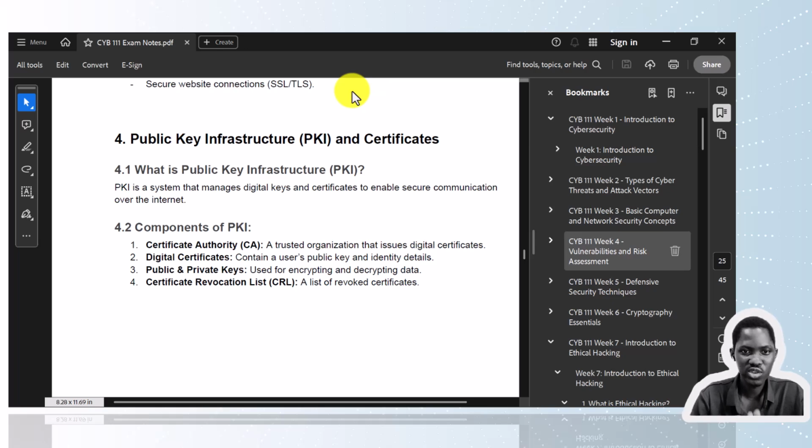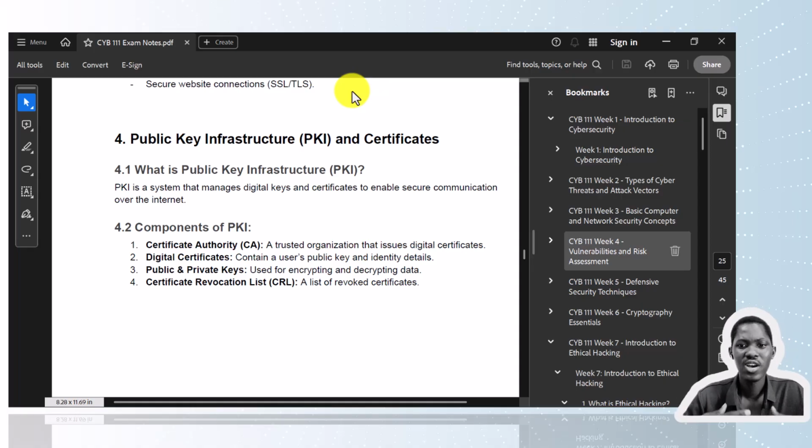And as I've said, a public key is public. It's not something you would be guarding or safeguarding. It's what you just put out there.